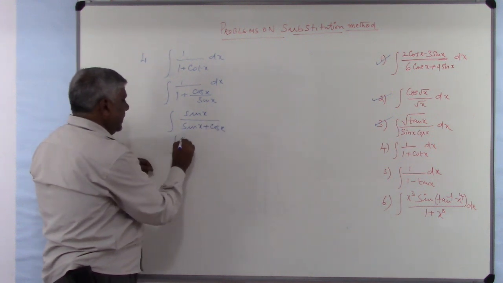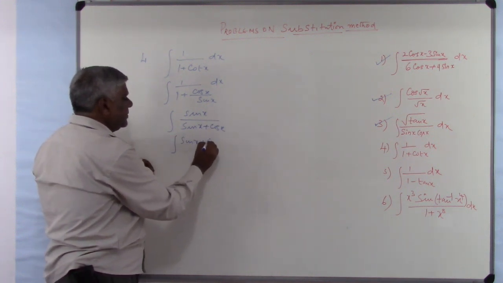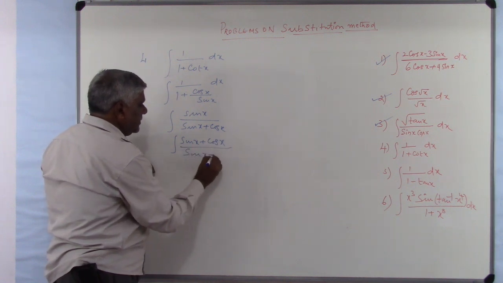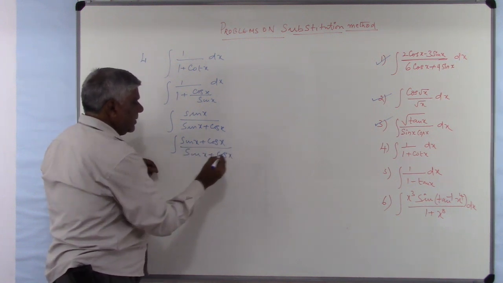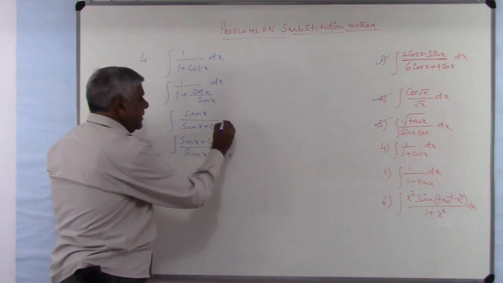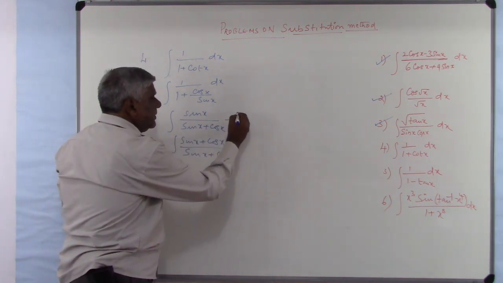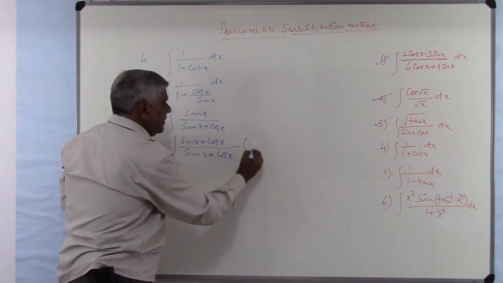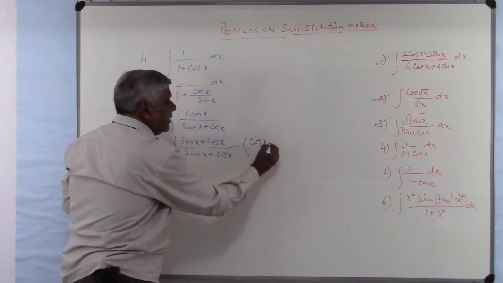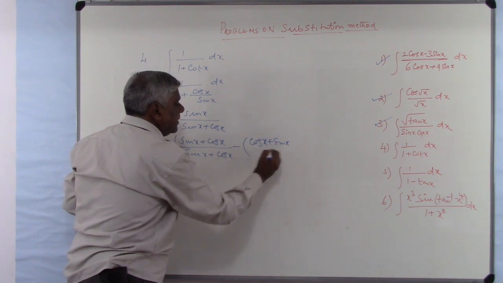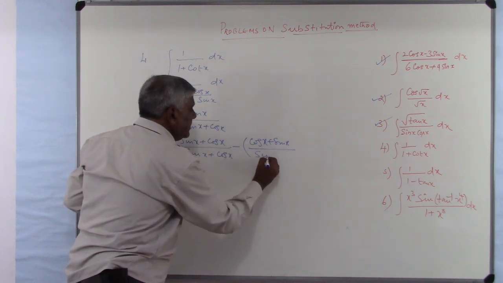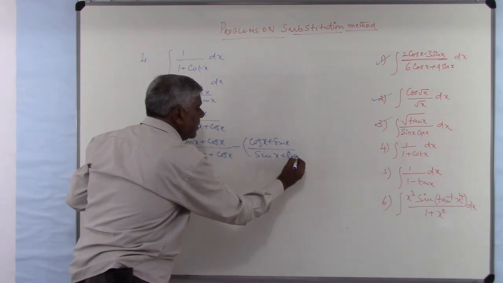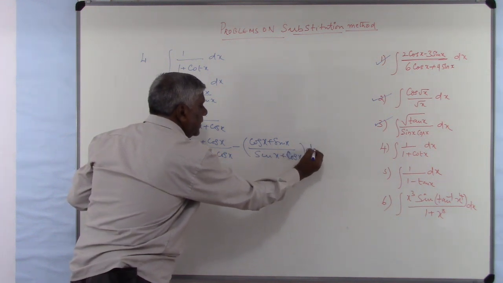Here sin x plus cos x by sin x plus cos x, minus, cos x plus sin x by sin x plus cos x, into dx.